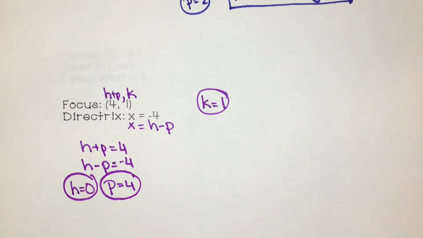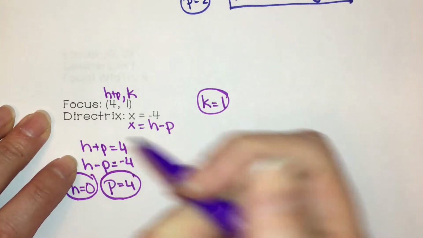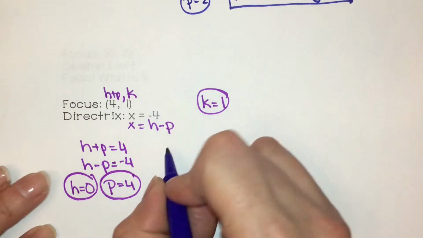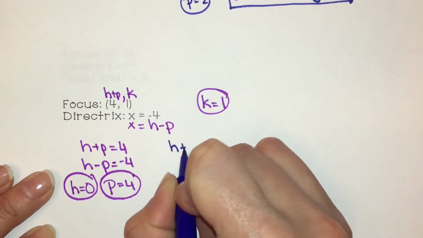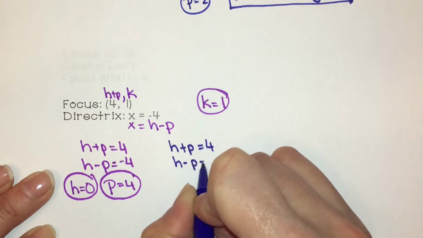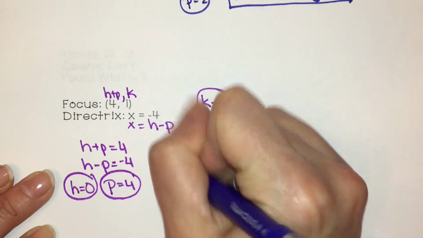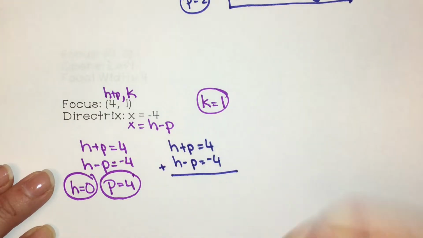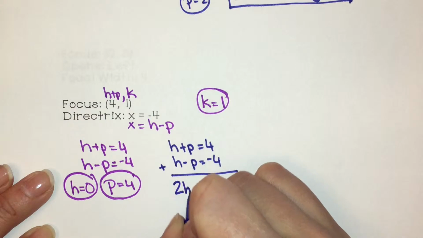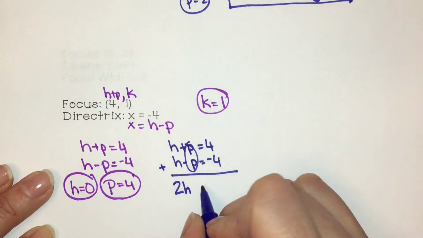I could have used substitution to figure that out, or I could use addition. So I'm going to rewrite it over here. h plus p equals 4. h minus p equals -4. I'm just going to add these together straight down, kind of like systems of equations. h plus h is 2h. p plus -p is 0.